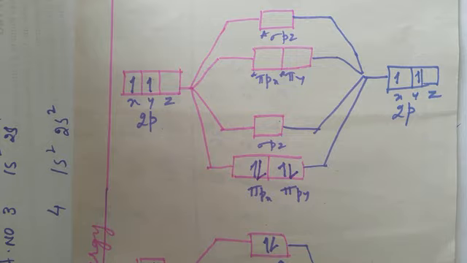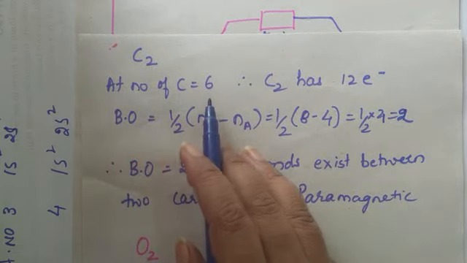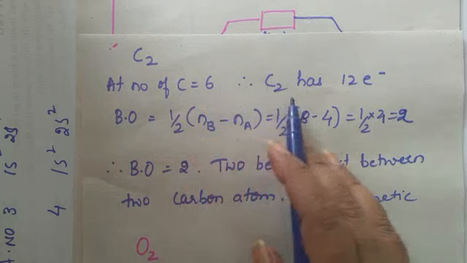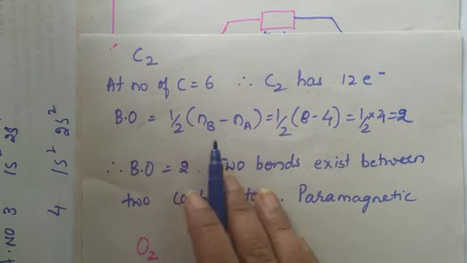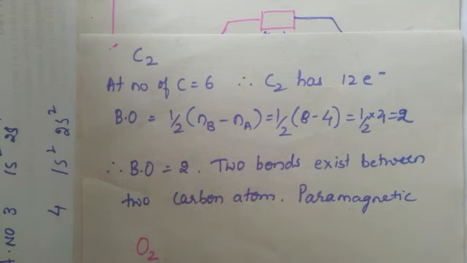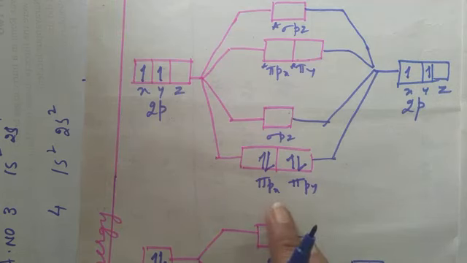So we shall calculate the bond order. The atomic number of carbon is 6. Therefore the carbon molecule has 12 electrons. Bond order is equal to half of Nb minus Na. Number of electrons in bonding: 2 in 1s, 2 in 2s, and then look here, how many in 2p? 4.